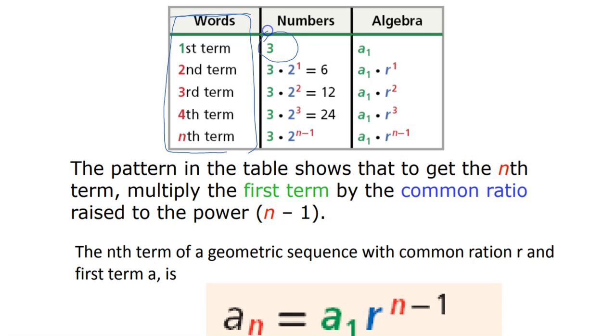Our initial term was a 3. Our second term was 3 times 2, which gave us a 6. Third term, 3 times 2 squared, which is a 4, which gave us a 12. Okay? So we can see it's doubling each time. So we've got our common ratio, which we said our R value is a 2. Right? We know our initial value, which that A1 value was a 3.